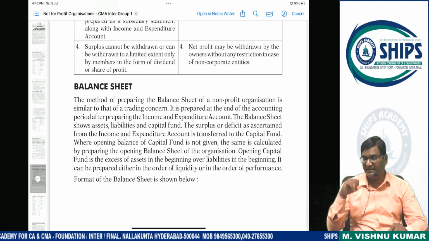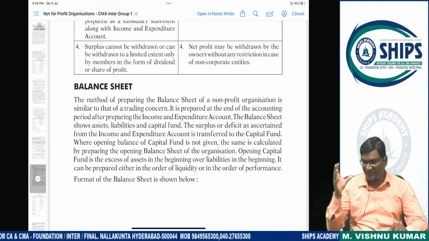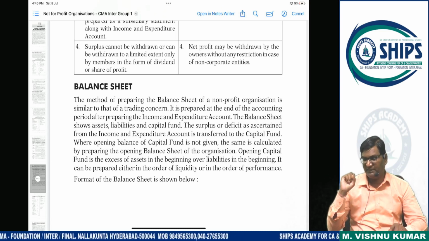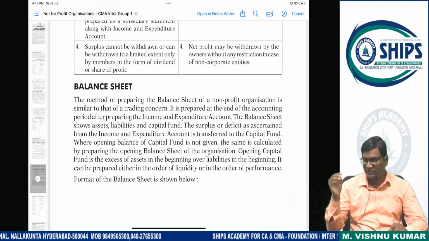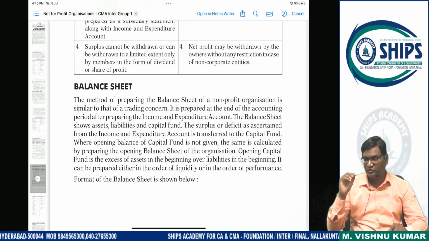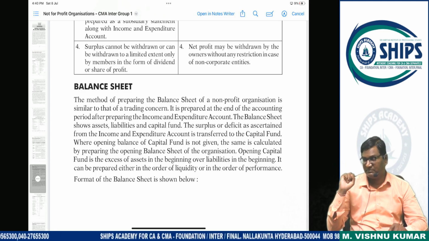On the asset side, cash in hand, cash at bank, outstanding subscription, prepaid expenses, buildings, books, furniture, sports equipment, stock of stationery.